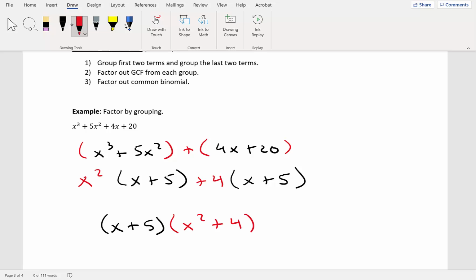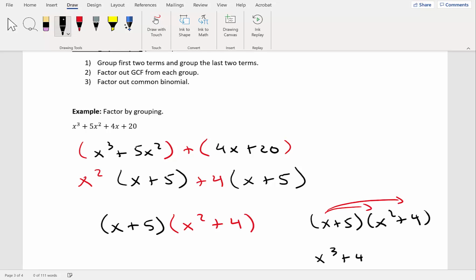polynomial with 4 terms. Remember, whenever you want to check your answer, you could go ahead and multiply them back out. So we do that on the side over here. Take your x, distribute this out to each one of these terms. So you have x cubed plus 4x. Take the 5, distribute this out.